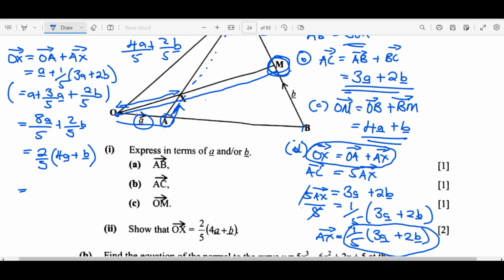So what is common here? It is 2 over 5. So 2 over 5, open bracket, 2a plus b.